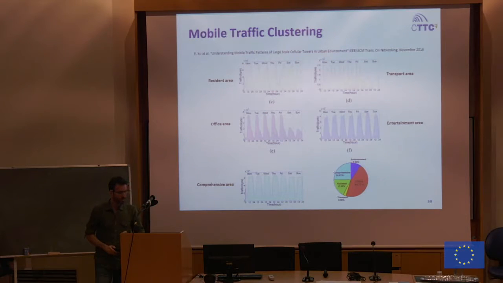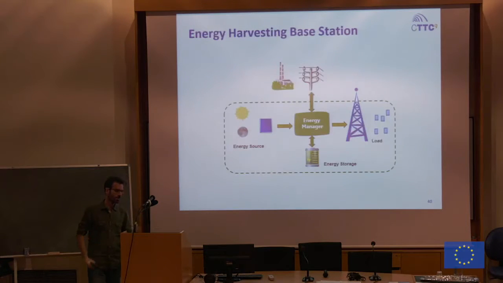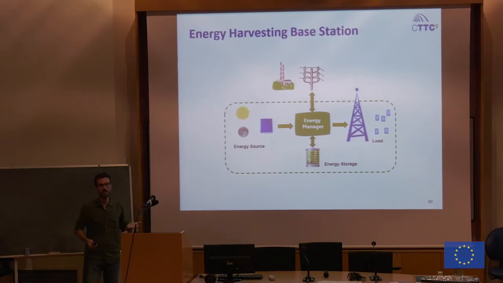Okay, so with this I end the part on the characterization of the two environmental variables that we have in energy sustainable mobile networks, the traffic and the energy arrival process. So what I want to introduce now is how we can control these two variables, the energy arrival and the load, with some intelligent control.